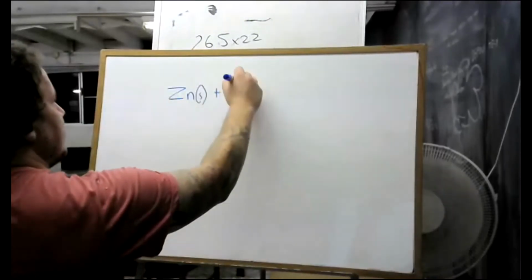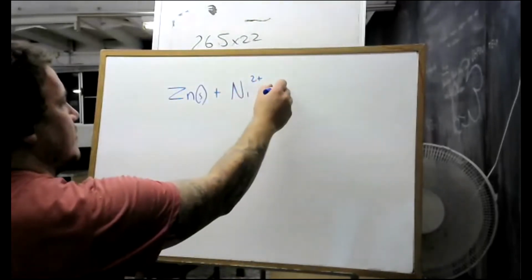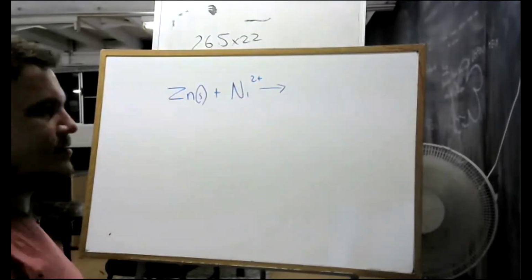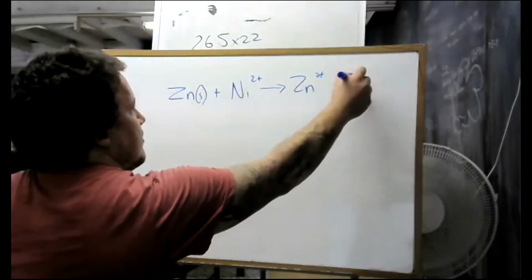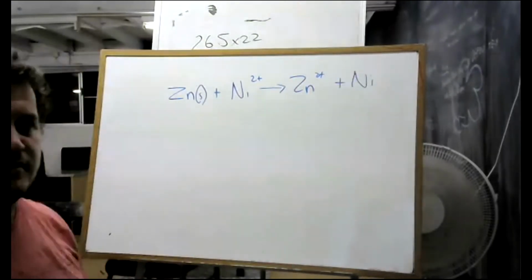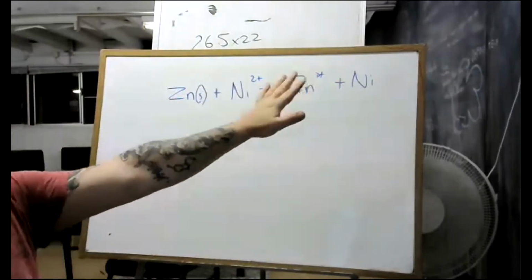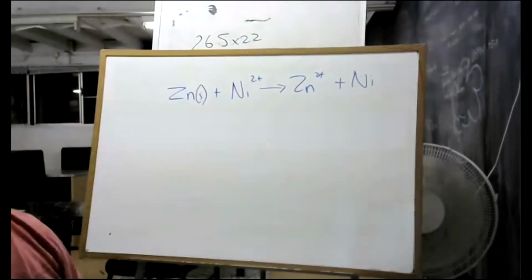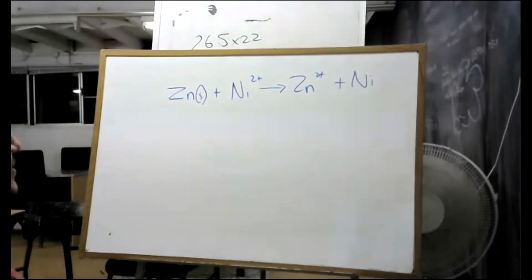Nickel will start off. Zinc will be oxidized to Zn2 plus and metallic nickel. That's the overall reaction. If you go to your formula book, you'll see that zinc has a higher propensity to be oxidized than nickel does.